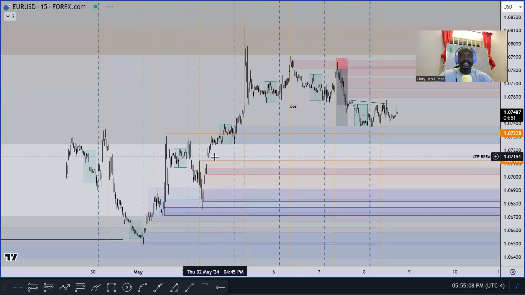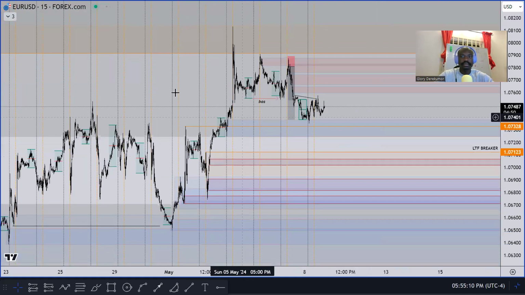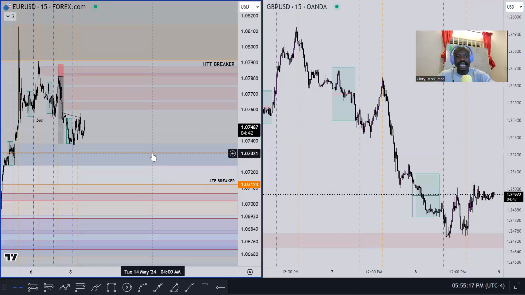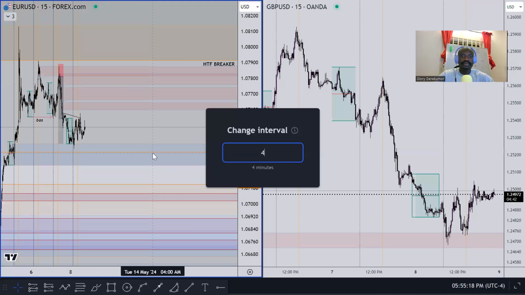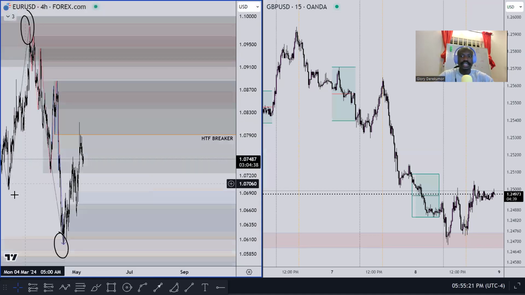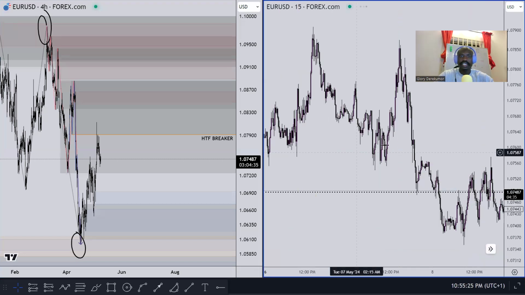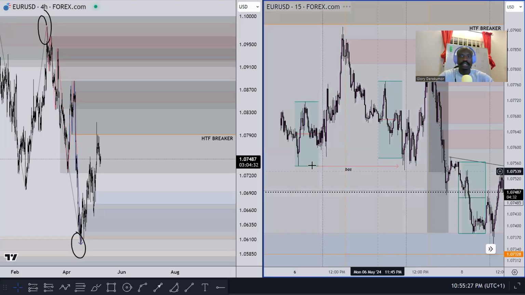Now, again, this is the same breaker level. Let me just show you guys here. So we have the 4-hour time frame on this side here. That's the 4-hour time frame. And here we have the 15-minute time frame, hopefully. Okay, yeah.